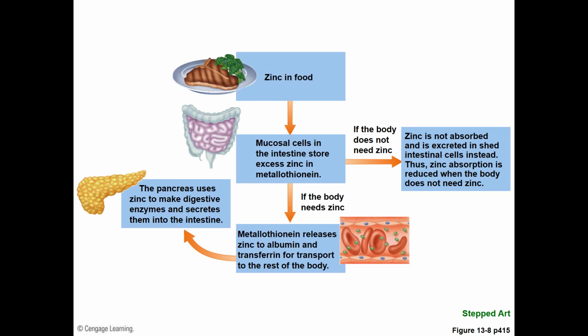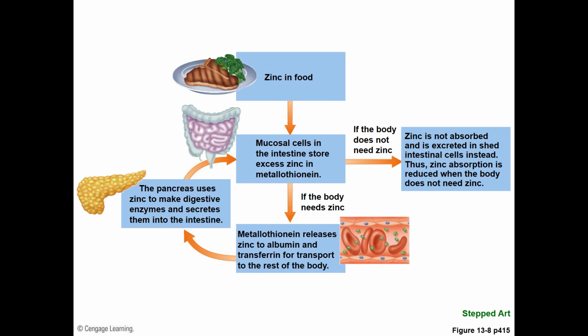So albumin and transferrin will send the zinc to the pancreas. The pancreas will use zinc to make the enzymes, and then it will send the enzymes to the intestines, because remember, the pancreas delivers enzymes to the small intestine, and then all of the nutrients complete their digestion there.